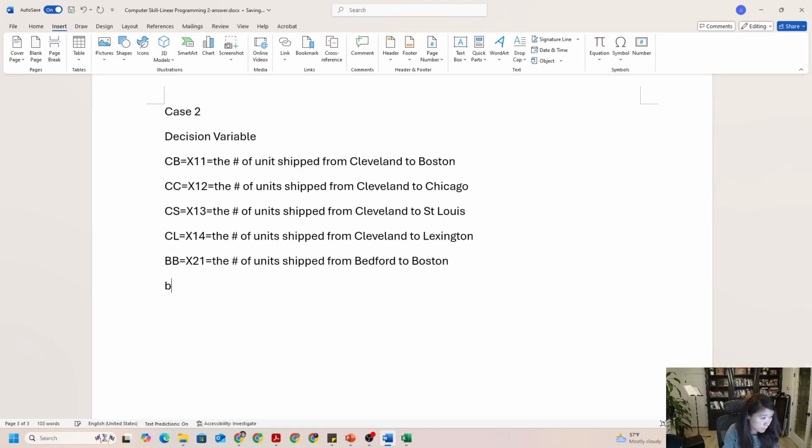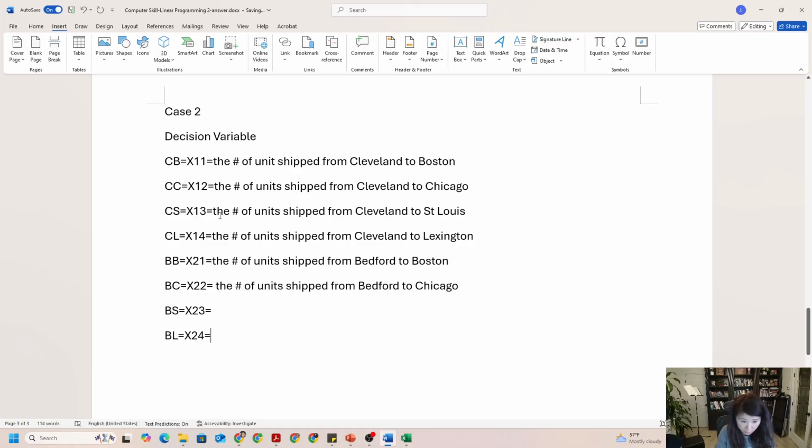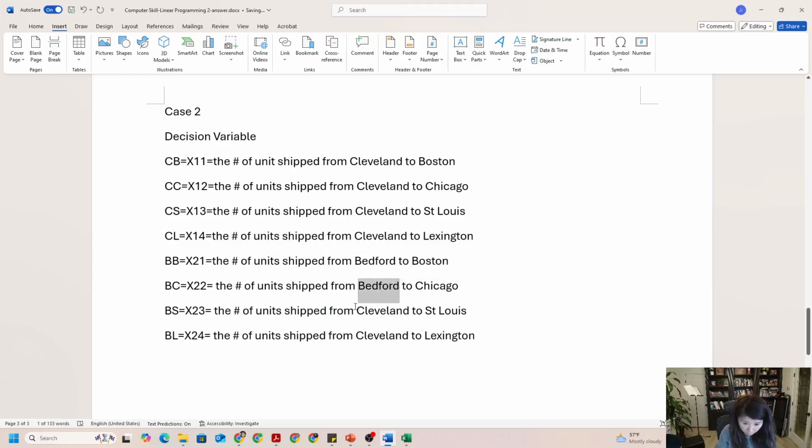The next one is BC, which is X22, the number of units from Bradford to Chicago. The next one is BS, X23, and then Bradford to Lexington, X24. So we have 12 in total.